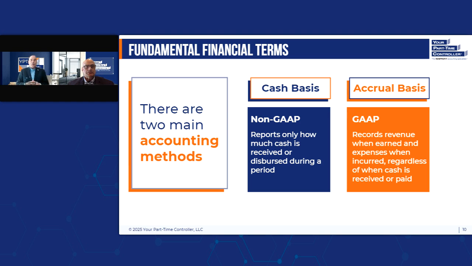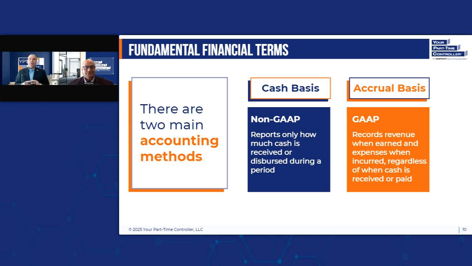Now, there are two main ways that we do our accounting methods. Nonprofits are either going to choose from what we refer to as the cash basis or the accrual basis. On the cash basis, activities are recorded when money is received or money is dispersed, regardless of anything besides what's happening through your bank account.